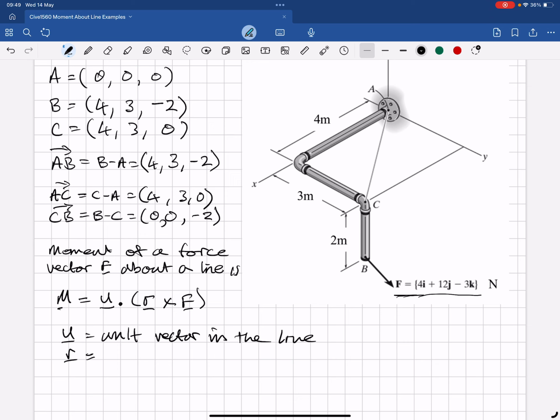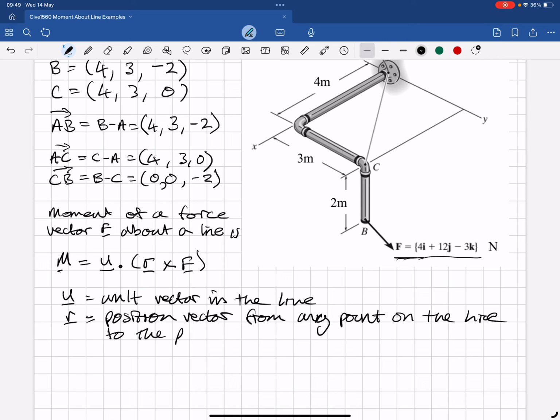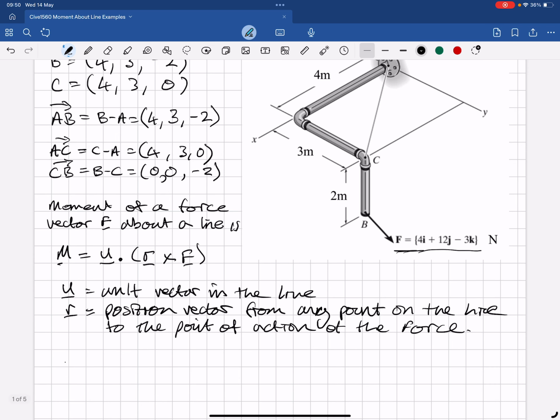R is a position vector from any point on the line to the point of action of the force, and F is equal to the force vector.